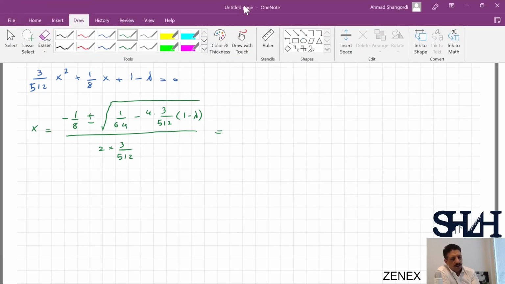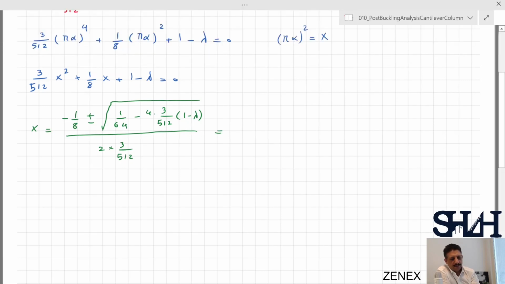So first of all, x is representing pi alpha powered by 2. So it should be positive. As a result, if we take the negative sign, then it will be a negative answer. So this is crossed, and the only possibility is that we take the positive sign.